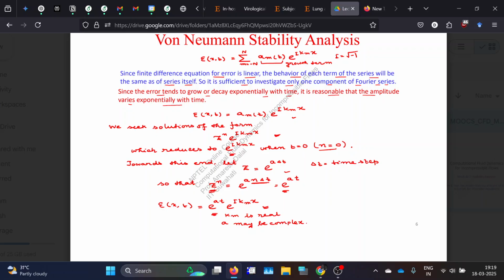That is why you can write this as z power n: each time step I'm getting multiplied by z. Each time I'm multiplying by the z factor, and every time I increase by e raised to the power a delta t. So the main thing is exponential growth and multiplicative growth are the same thing, and it also takes care of the complex case, like if it oscillates.